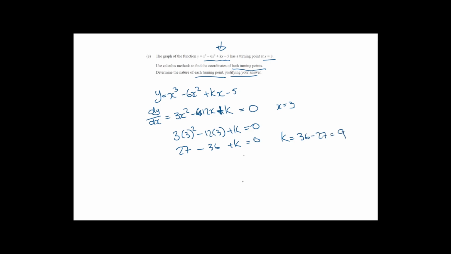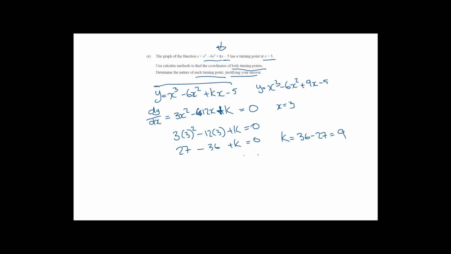So what's that? 9. So our original equation, therefore, is x cubed minus 6x squared plus 9x minus 5. That's our original equation. So we don't need to worry about the other one at all now.